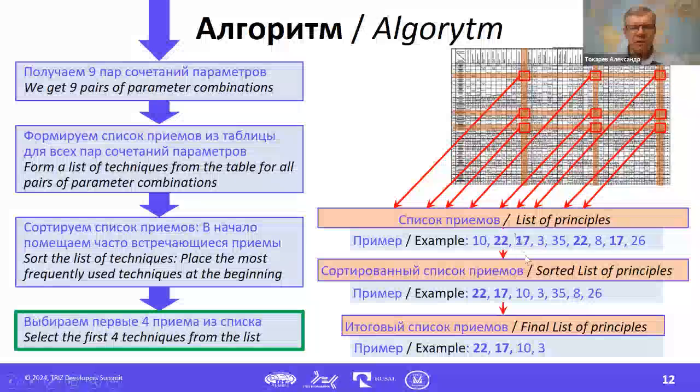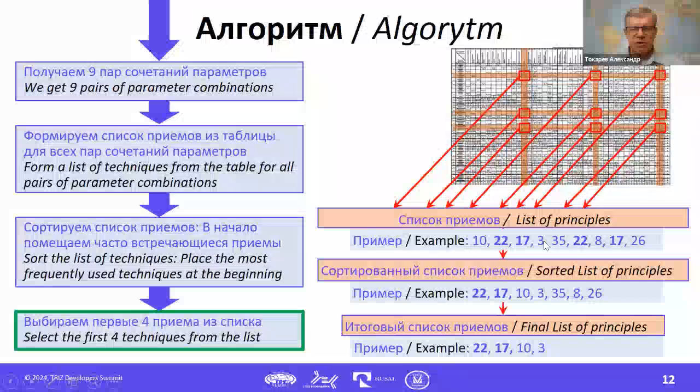The next step of the algorithm, we start sorting the list of principles. At first, we are looking at the repetition of the numbers. If the principles are repeated, the probability of getting help from them increases drastically. But after that, we are putting those who coincide, 22 and 17, and those principles which are repeated more often, they're put in the beginning of the row.